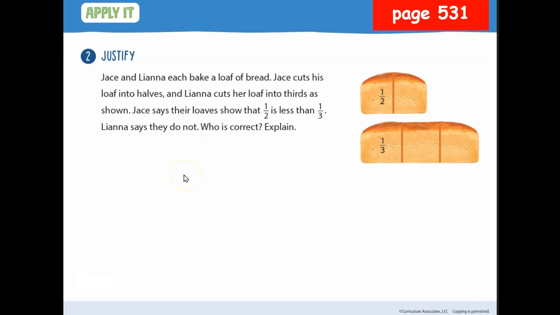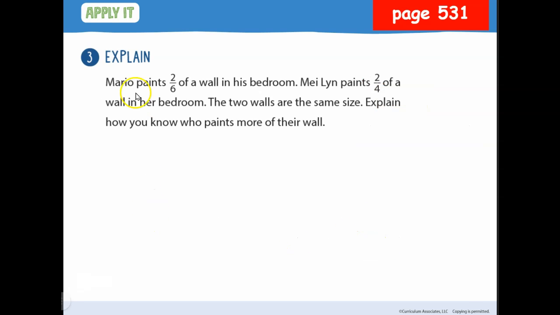First of all, in order for me to be able to compare things like this, they have to be the same size. Are the bread loaves the same size? No, they're not. So that's how I explained it. And Leanna's correct.